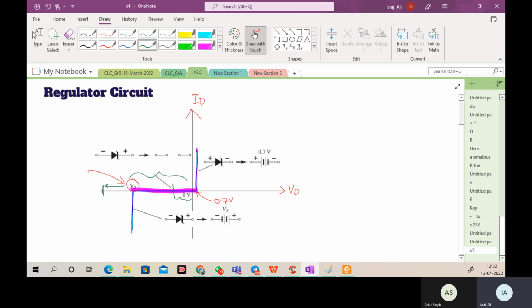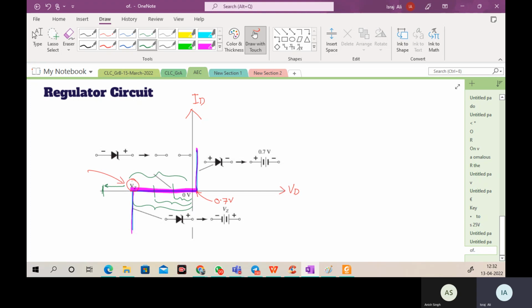But what is the current flowing through the diode? It's zero, because ID is this one. The current flowing is zero. Even if I give the reverse bias that much to the Zener diode, it is still the same condition. When I give this VZ reverse bias voltage to the Zener diode, then I get a huge amount of current over here.